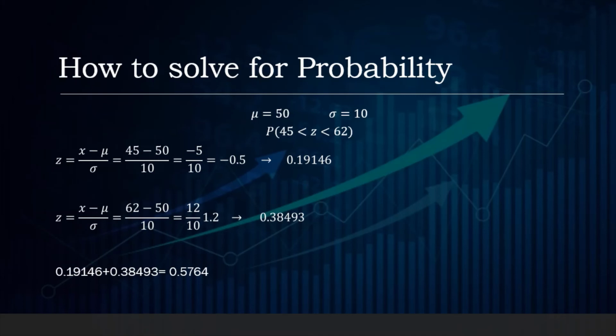Add natin yung dalawa to get the probability. So, 0.19146 plus 0.38493 equals 0.5764. So, that is the probability.